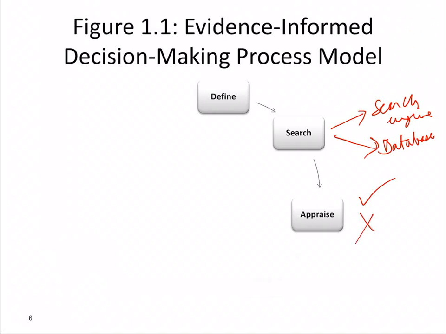Once you've appraised the information, the next step is to go ahead and synthesize. This means you're creating new knowledge for yourself and your team. It doesn't necessarily mean that you're doing experiments, but this process is considered synthesis.